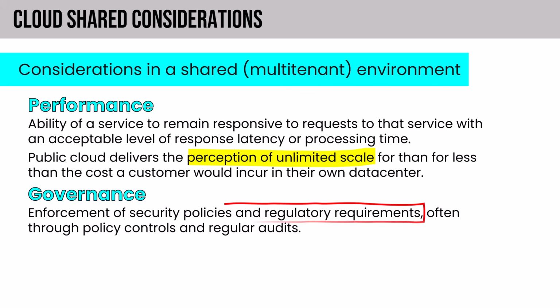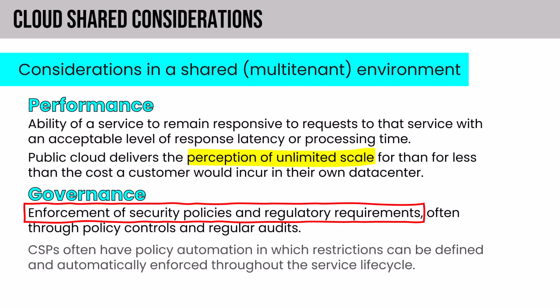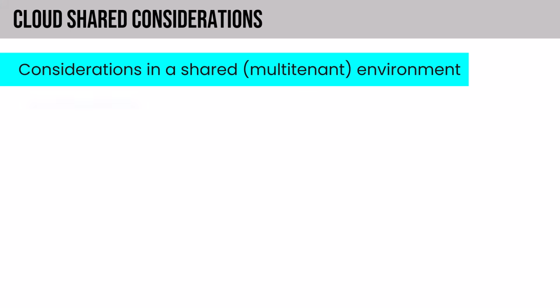And there's governance, enforcement of security policies and regulatory requirements, often through policy controls and regular audits. CSPs often have policy automation in which restrictions can be defined and automatically enforced throughout the service lifecycle. In fact, in Microsoft Azure, that feature is called Azure Policy that allows us to do exactly that.